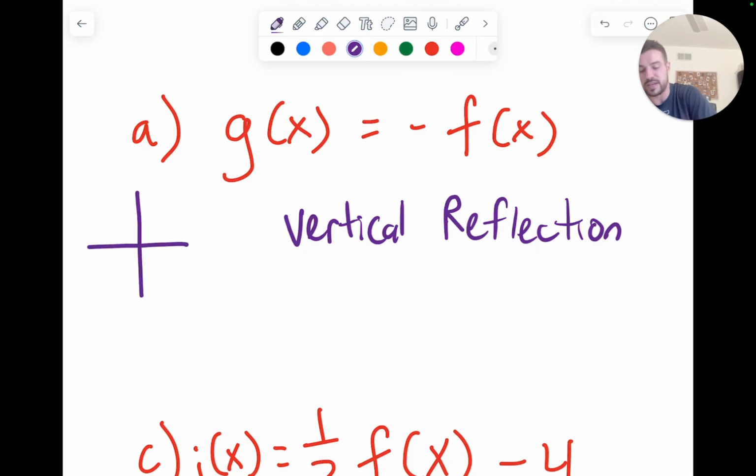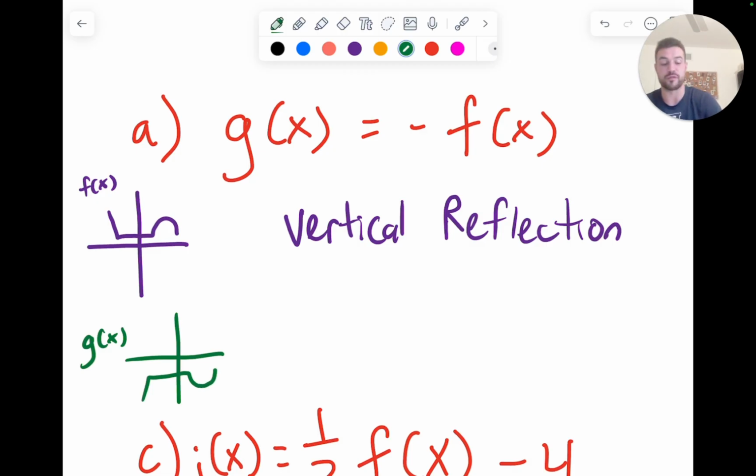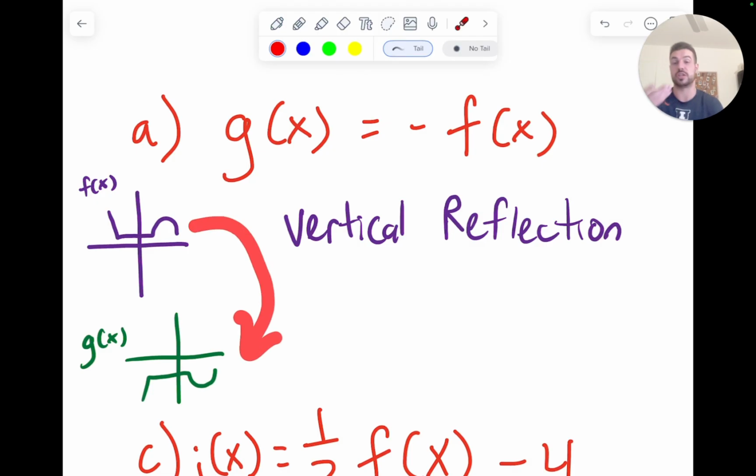If this, for example, was f of x and we had a function that looked like this, well, a vertical reflection would cause our y values to go from positive to negative and negative to positive. So therefore, in this case, g of x would look something like this, where it is a vertical reflection, a reflection up and down of our original.